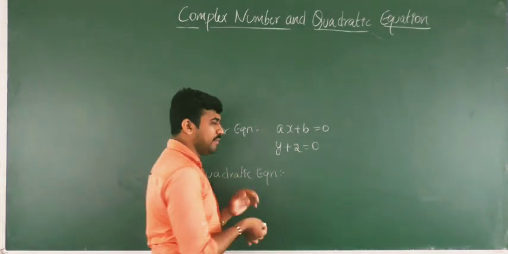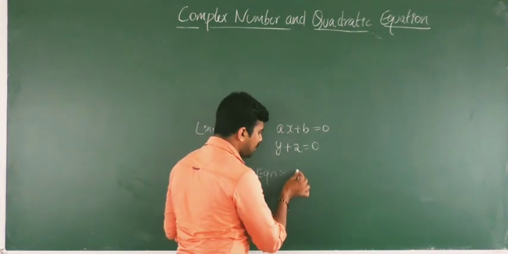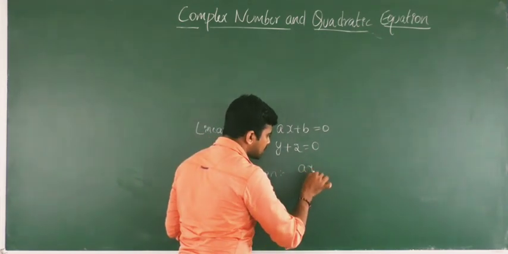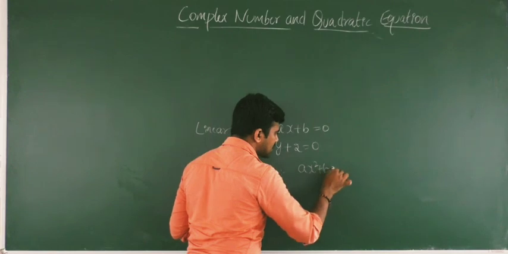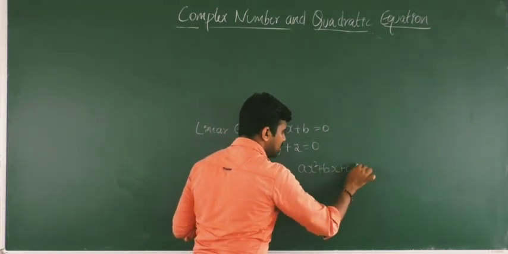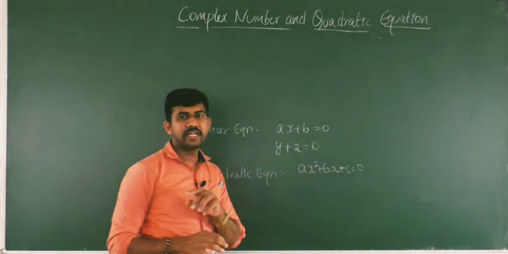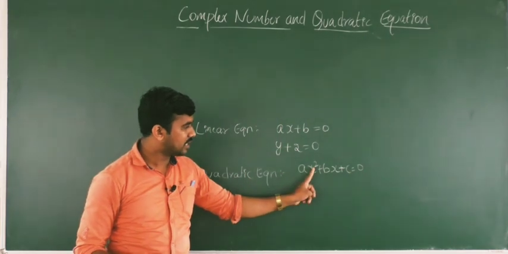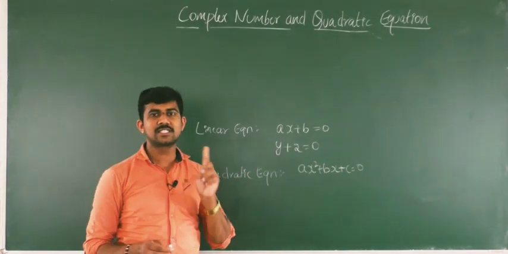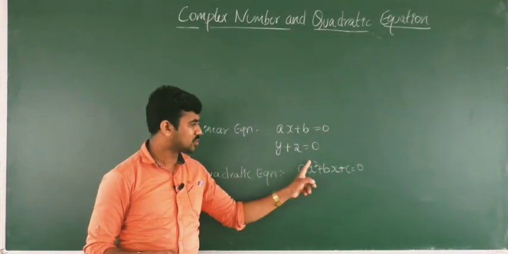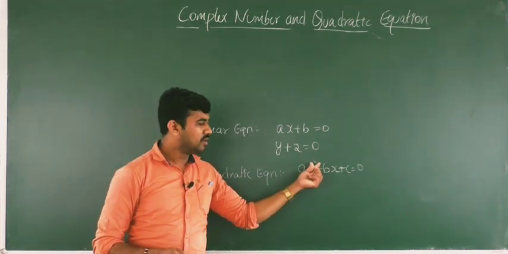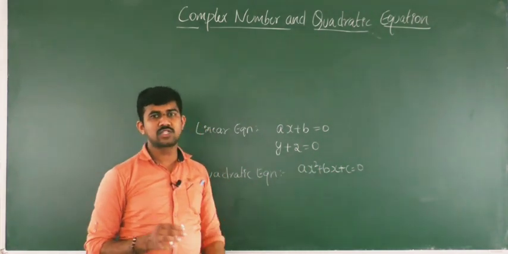So generally we can write a quadratic equation as ax square plus bx plus c is equal to 0. Isn't it? This is a quadratic equation because the degree of this equation is 2, or the highest power of x is 2 here.